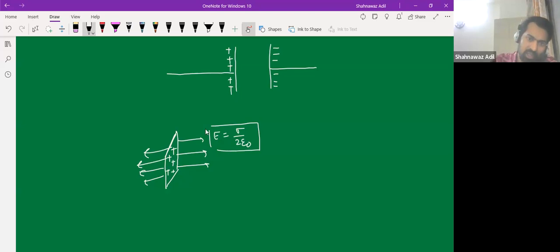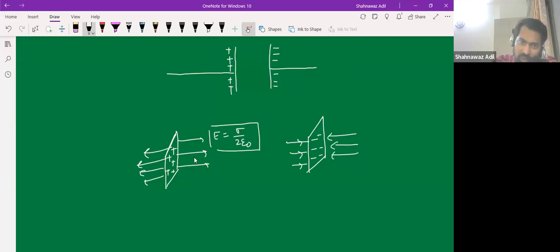Similarly, you have a negative plate, right? For the case of the negative plate, the electric field magnitude is the same. Only the direction is different. For the negative plate, the electric field is coming towards this plate.